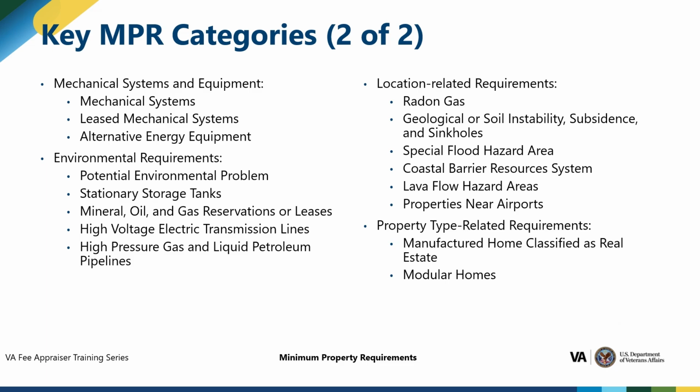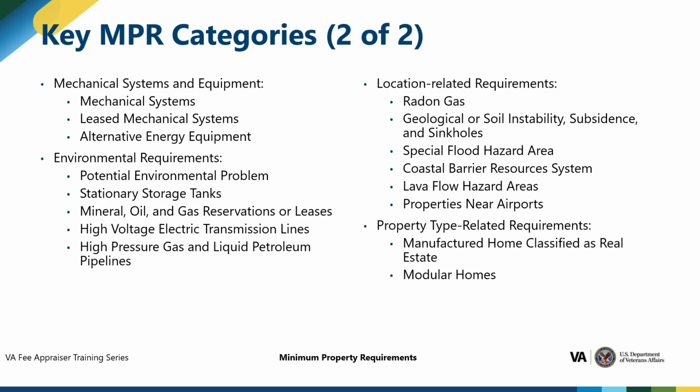Additional categories include mechanical systems, leased mechanical systems, and alternative energy equipment. Environmental requirements, for example, potential environmental problems, stationary storage tanks, mineral, oil, and gas reservations or leases, high-voltage electric transmission lines, high-pressure gas and liquid petroleum pipelines.